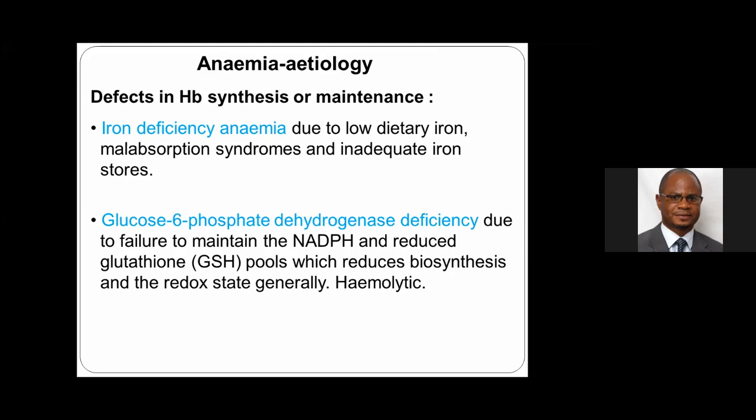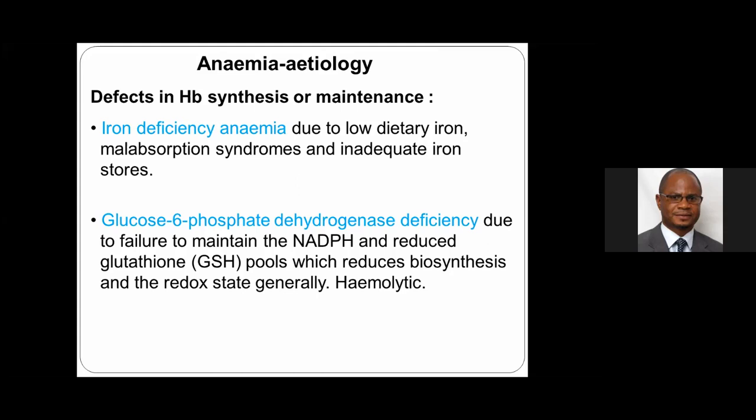If you don't have iron, due to low dietary iron, absorption syndrome, and inadequate iron stores, you will not form the heme, and so forming hemoglobin becomes a problem. That is why in iron deficiency, you see less hemoglobin. And if the hemoglobin isn't more, the cell sizes tend to be smaller as well.